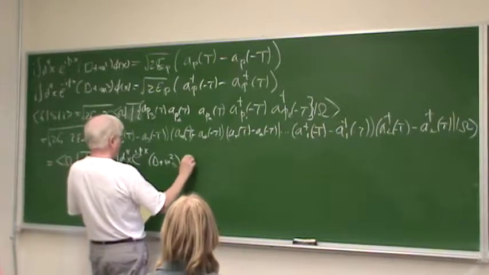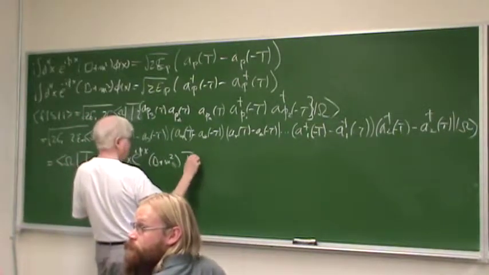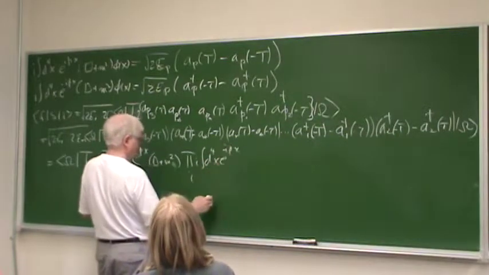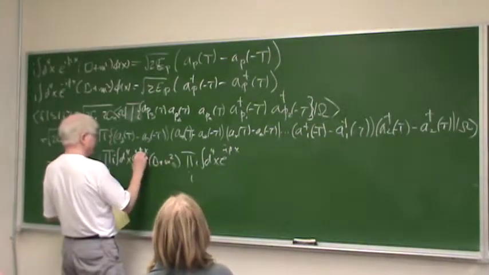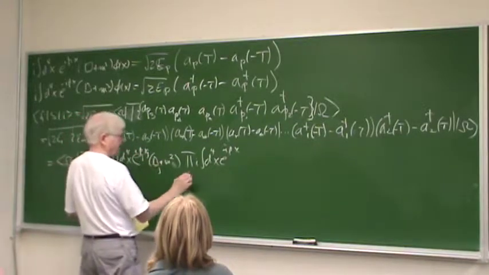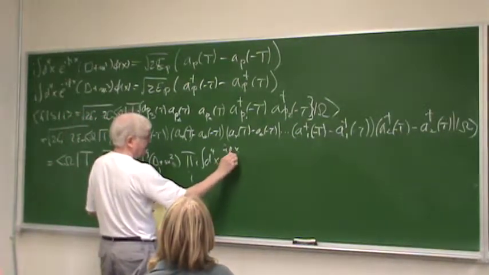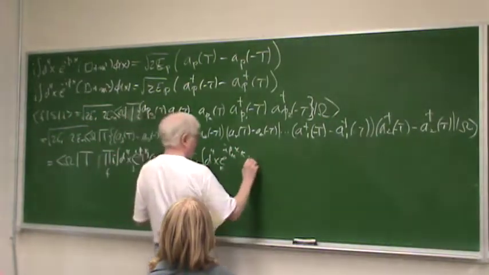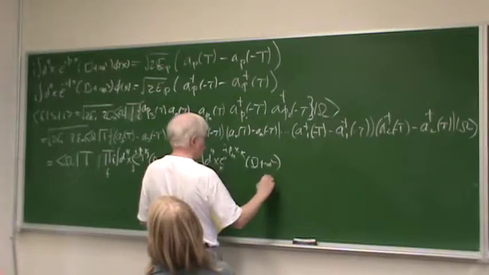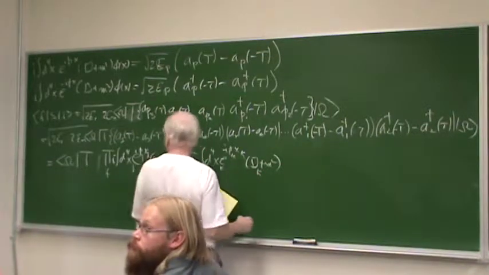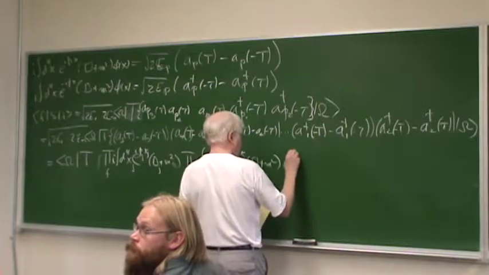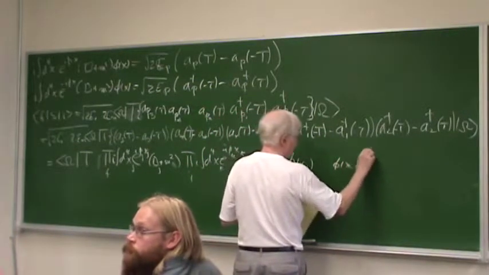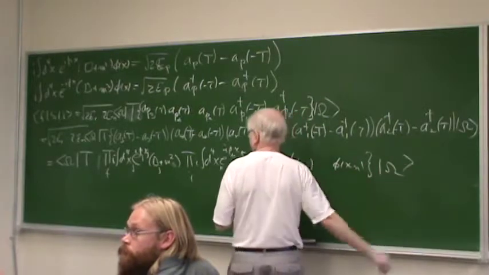Product of the initial states, i integral d4x e to the minus i p x, box plus m squared, and time-ordered product phi of x1 through phi of xn, vacuum.